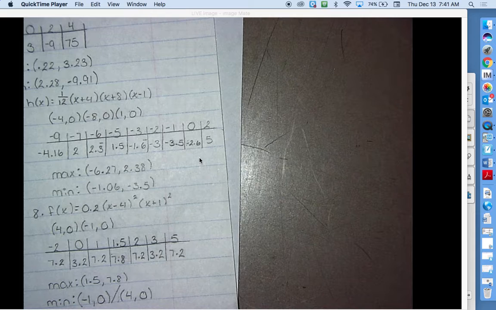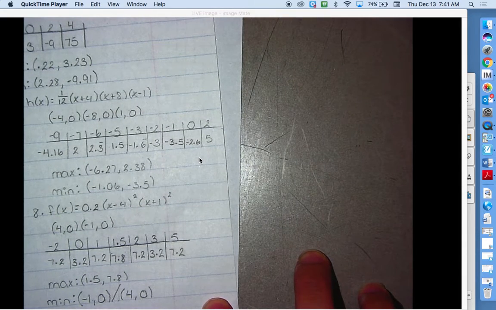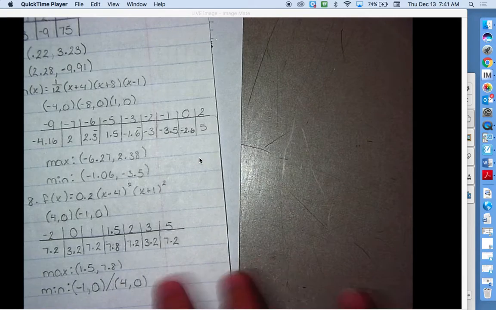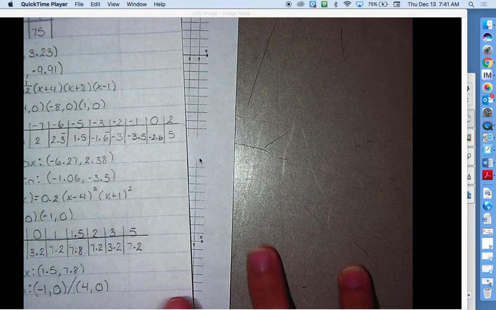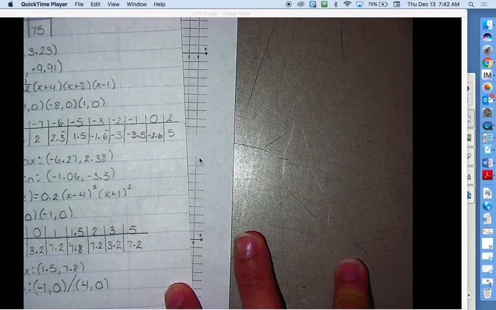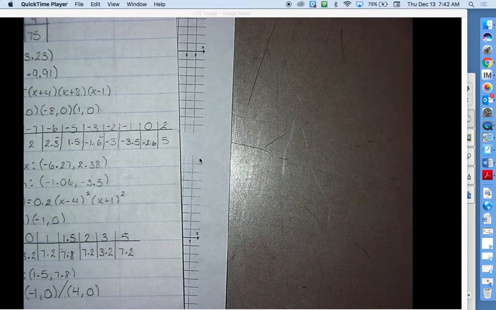First I found the intercepts, which were (4, 0) and (negative 1, 0). Then I found the points in between, and the max was (1.5, 7.7), and the minimum was (negative 1, 0) or (4, 0). And this is what the graph looks like.